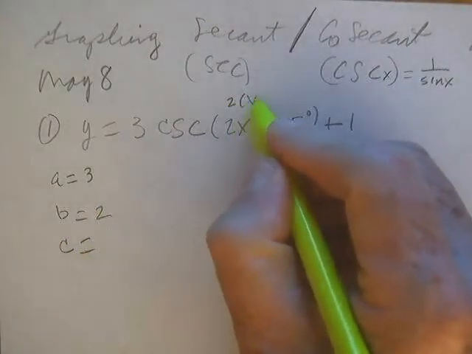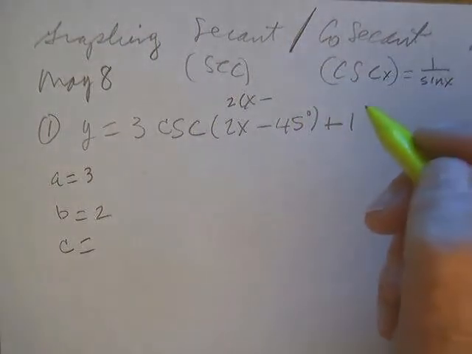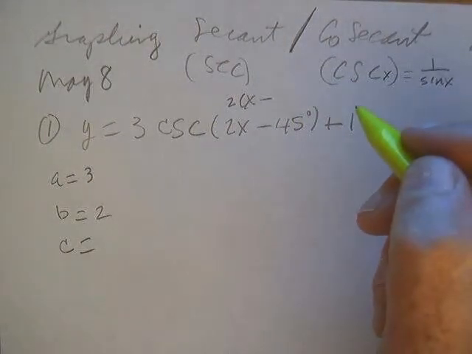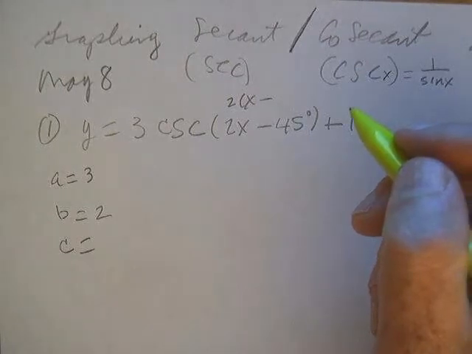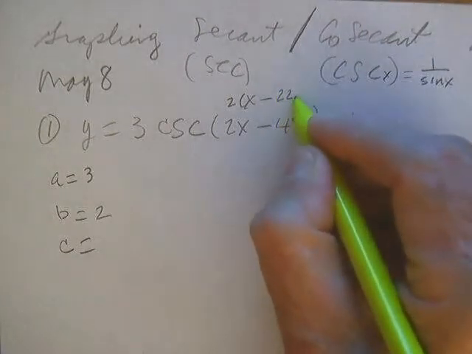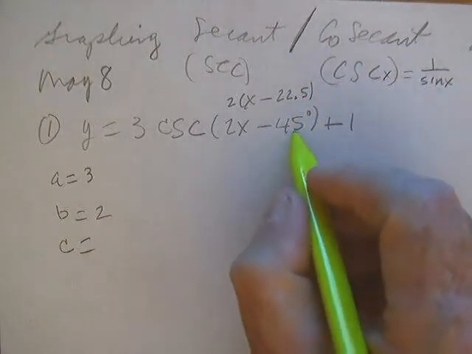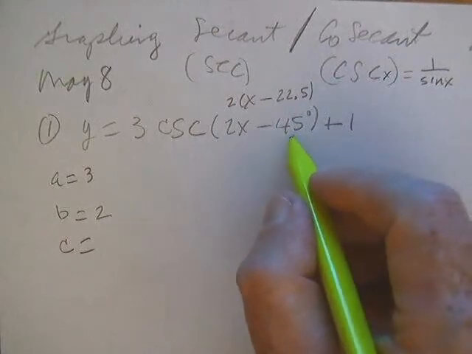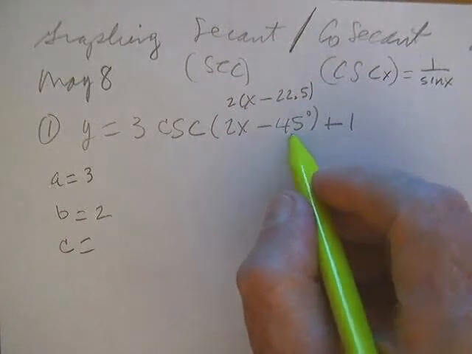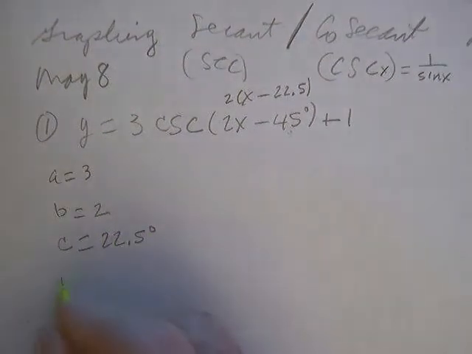C is 22.5. I was a little slow in the uptake right there. We've got to divide this. There's no denominator to multiply the 2 by, so you've got to divide that. So this makes C 22.5 degrees.